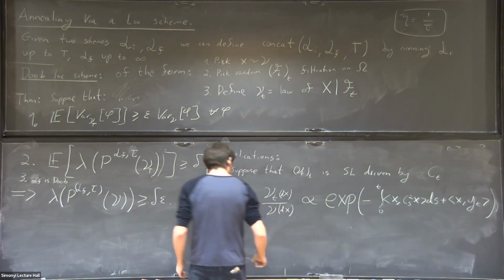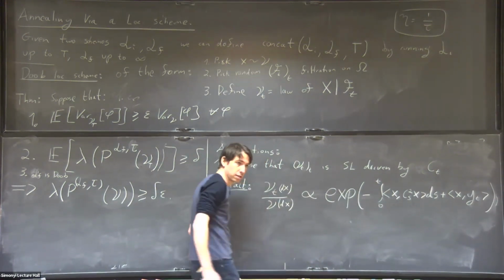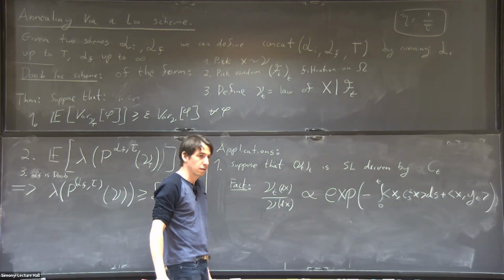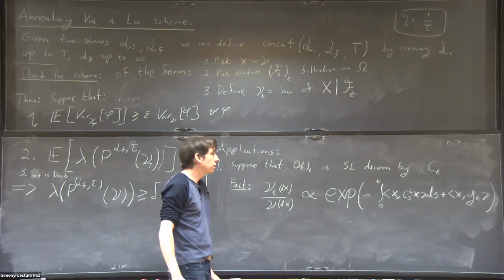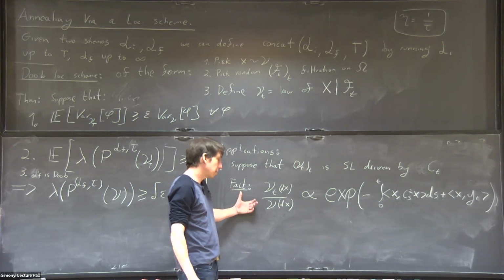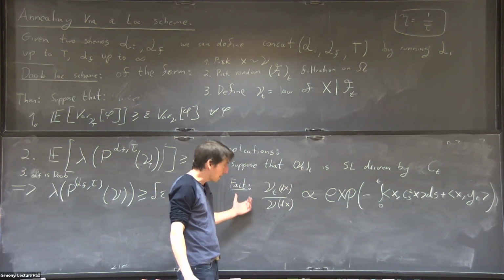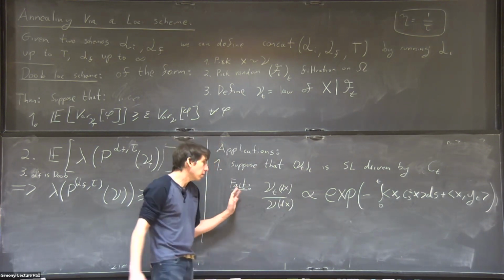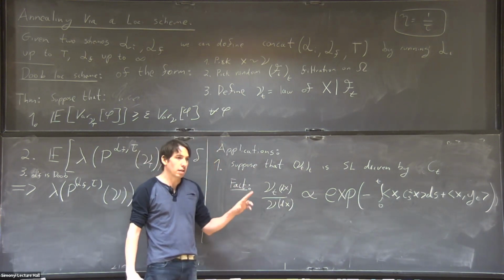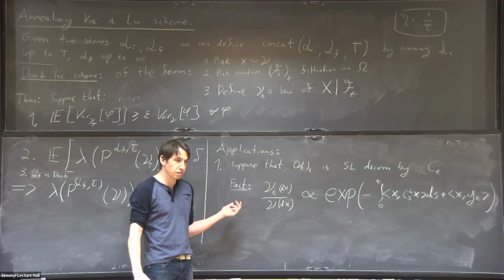This is the first application, and for the second, this is a trick that gets you up to the critical temperature. This gives again pretty easily, for example, I'll tell you two things that it gives.